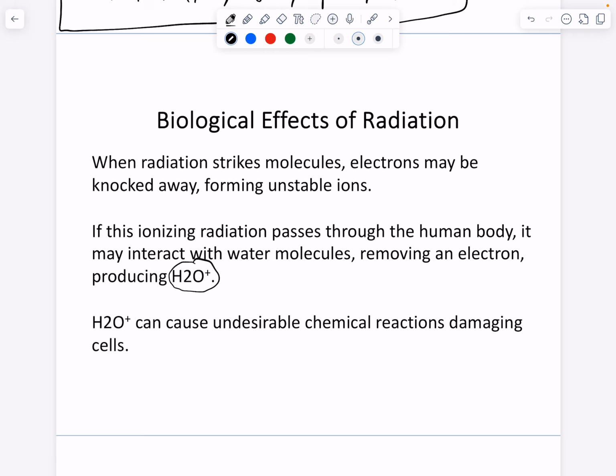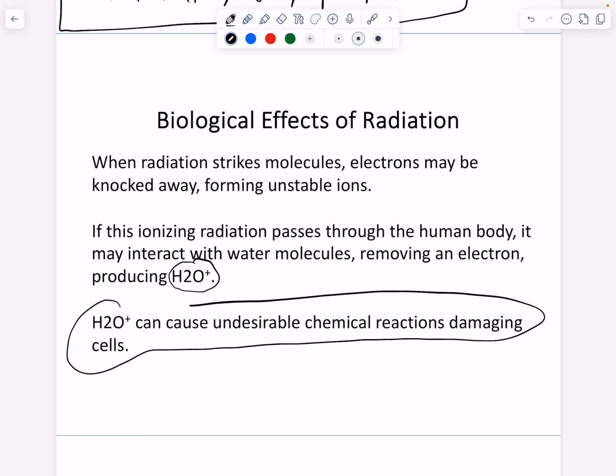So when you are exposed to radiation, a lot of water in your body becomes this positive water, and that positive water starts causing undesirable chemical reactions damaging cells and also reacting with your DNA, and that's why you hear that radiation produces mutations, because the water is kind of messing with the DNA.